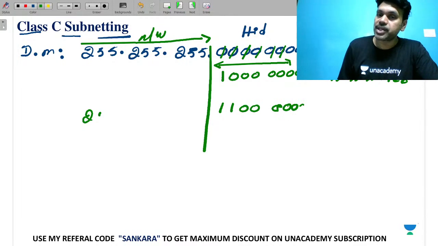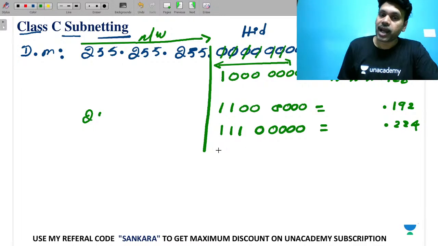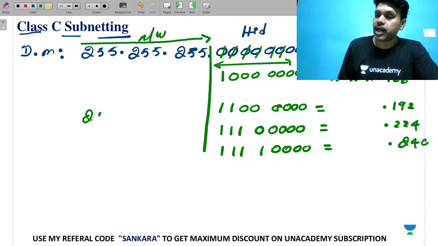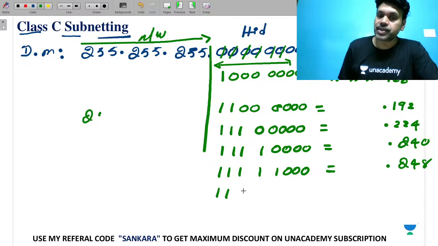So 2 ones and 6 zeros, the value is 192, 3 ones and 5 zeros, the value is 224, 4 ones and 4 zeros, the value is 240, 5 ones and 3 zeros, the value is 248, and 6 ones and 2 zeros, the value is 252.